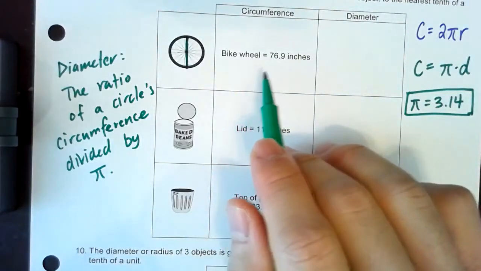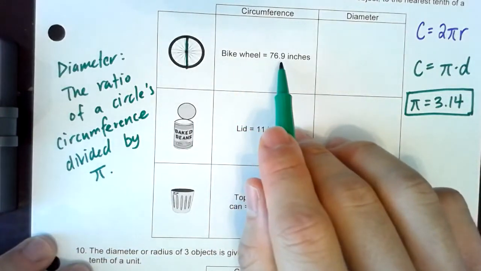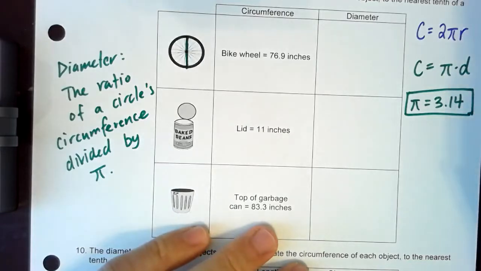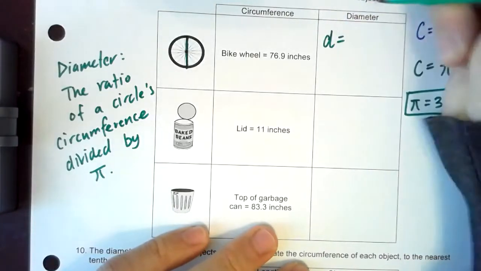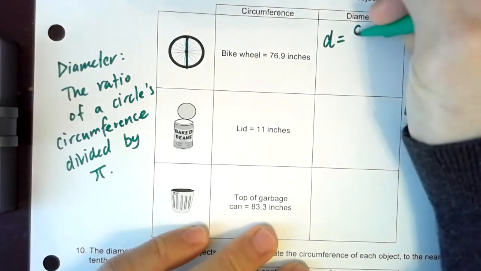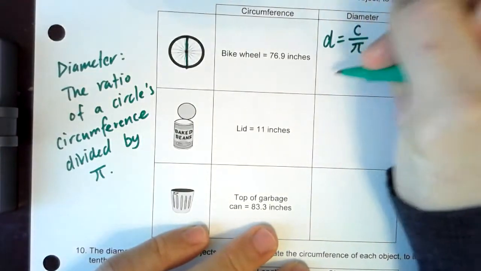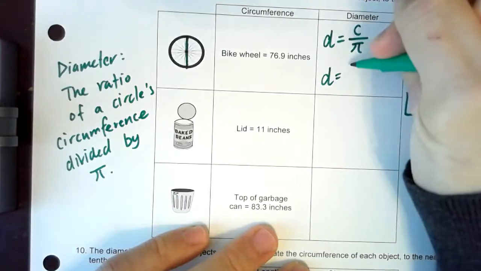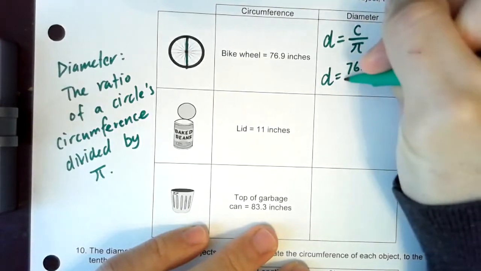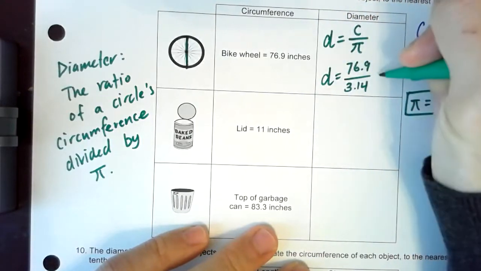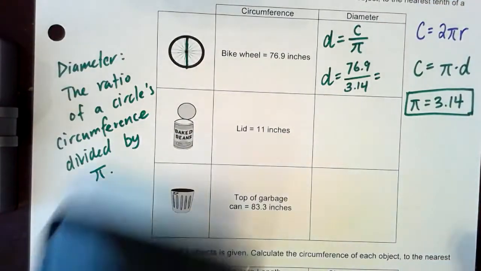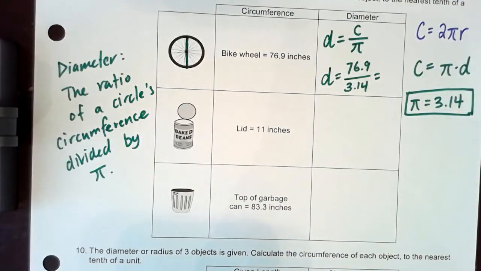The bike's wheel has a circumference of 76.9, and we know that the diameter is equal to C divided by pi. So in this case, the diameter will have to equal 76.9 divided by 3.14. Let's go ahead and use our calculator.